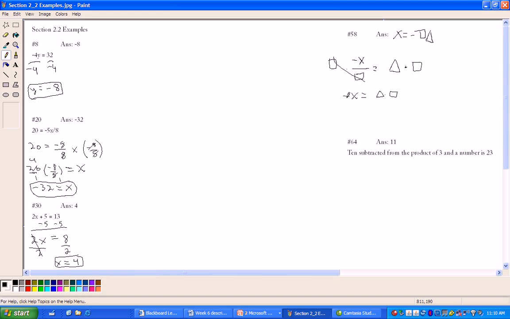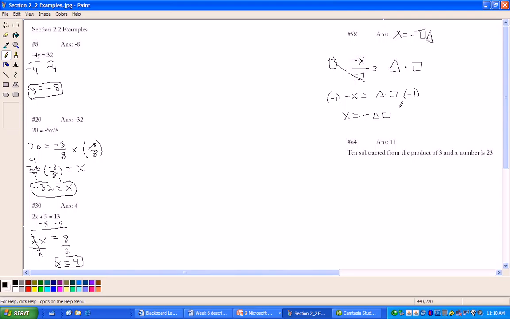Negative 1 times negative x gives us just x, is equal to negative 1 times triangle square, which is negative triangle square. And of course, negative triangle square is exactly the same as negative square triangle, due to the commutative property of multiplication. So we have solved this equation.